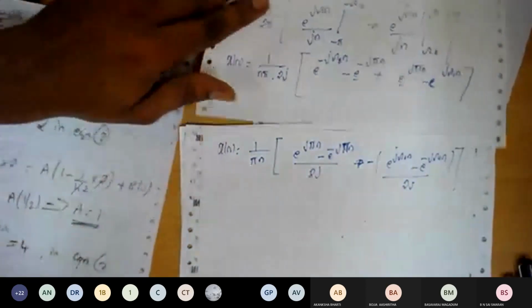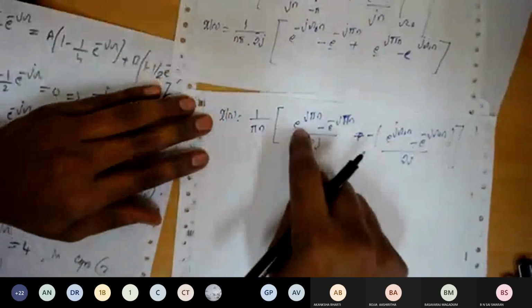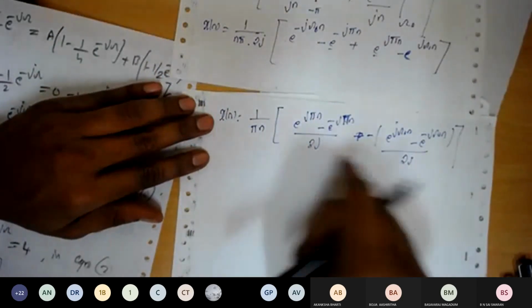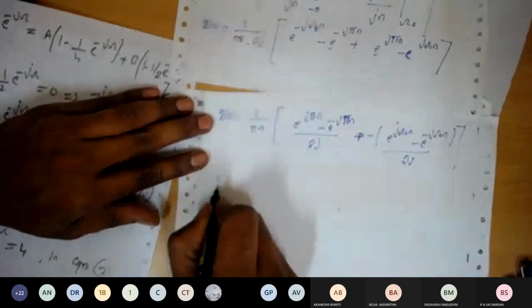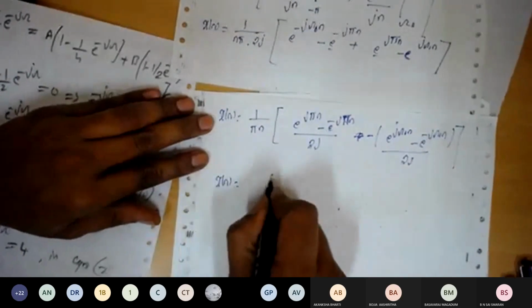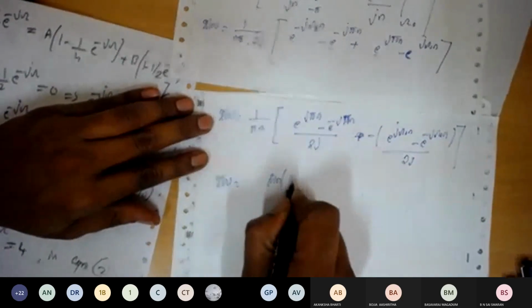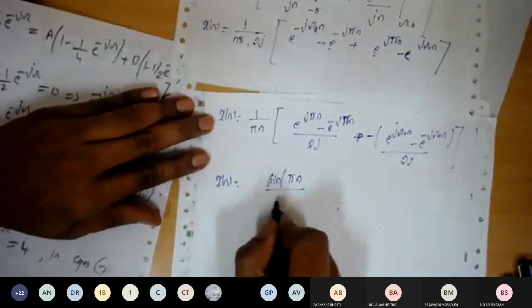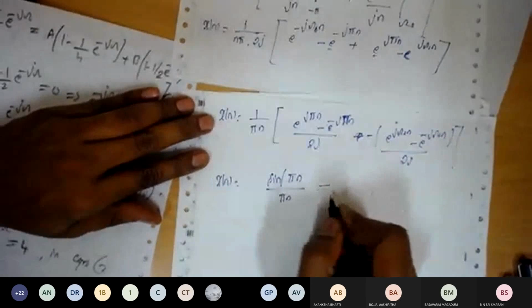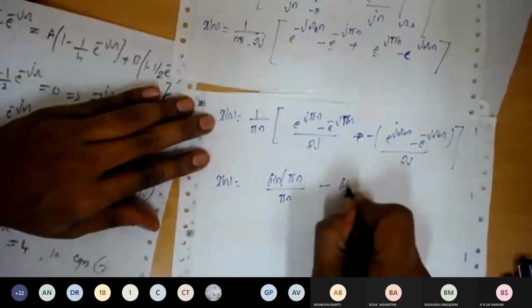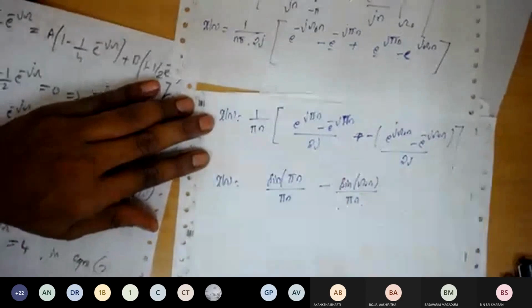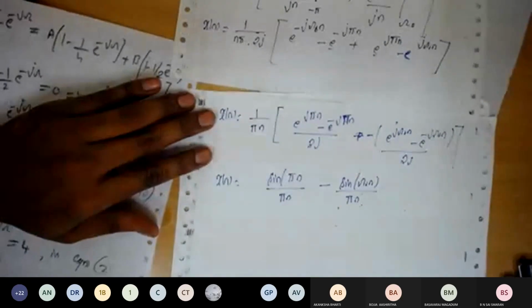Here, e to the power of j theta minus e to the power of minus j theta divided by 2j is nothing but sin theta, so we get another sine function. So x of n is sine pi n divided by pi n, minus sine omega naught n divided by pi n.